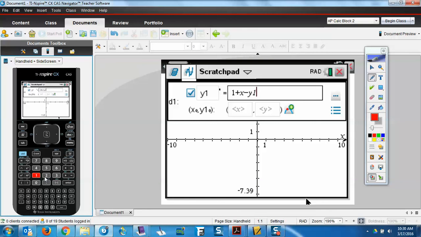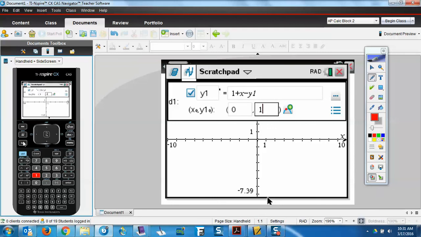And you can remember that by looking down here at this initial condition. You've got x and you've got y1 as the variables that they want you to use in the calculator problem. So your output variable is y1, and your input variable is x when you go to your calculator. What else do we fill in? 0 and 1, the initial condition.